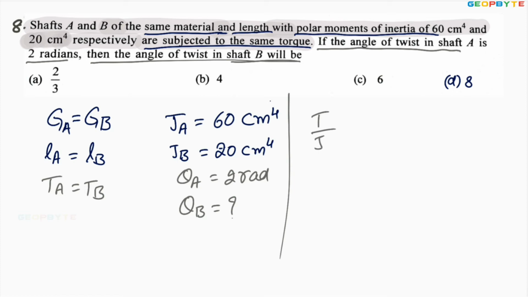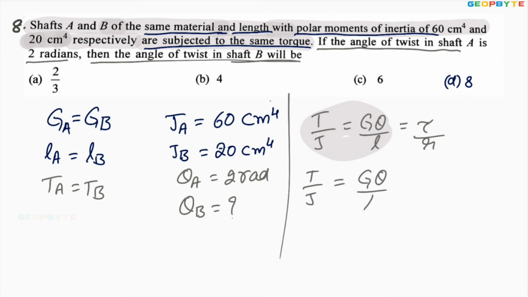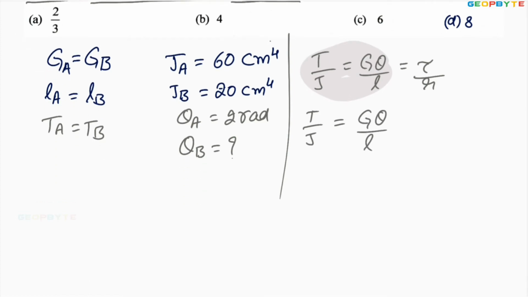T by J equal to G theta by L equal to tau by R. From this, let us take the first two relations. T by J equal to G theta by L. From this I can write that theta equal to TL by JG.